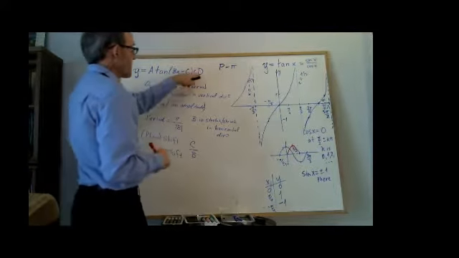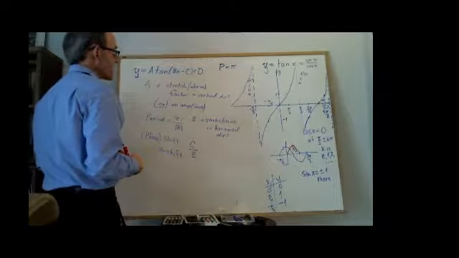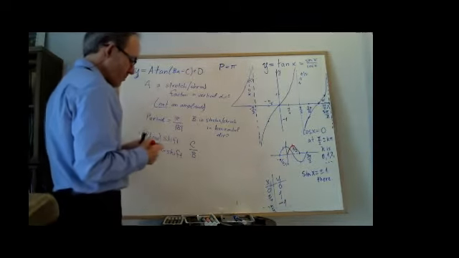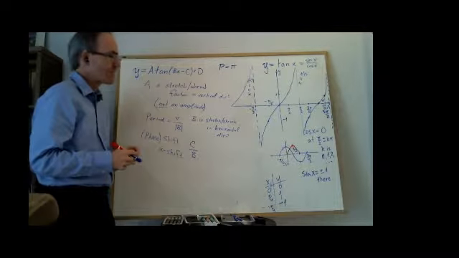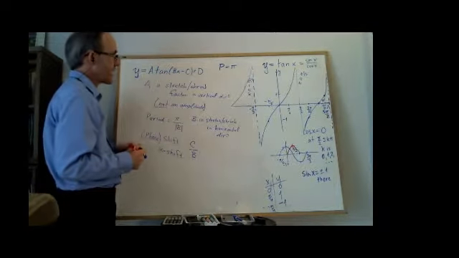And D is a shift in the vertical direction, or the y direction. Okay, so that's the general case. I'll let you look at the book to see examples of that.